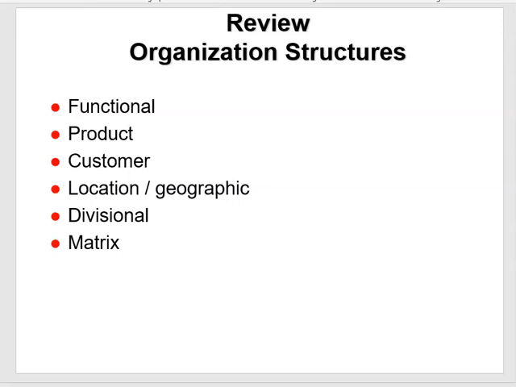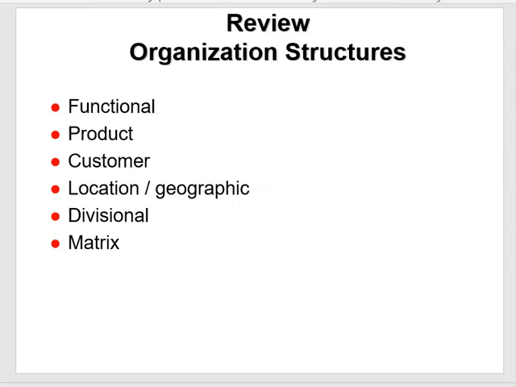A divisional organization structure is one where you have different organizations that are sort of related. Disney is a good example. I might have a division for entertainment. I could have a division for distribution, such as Disney Plus. I can have a division for retail and a division for theme parks.